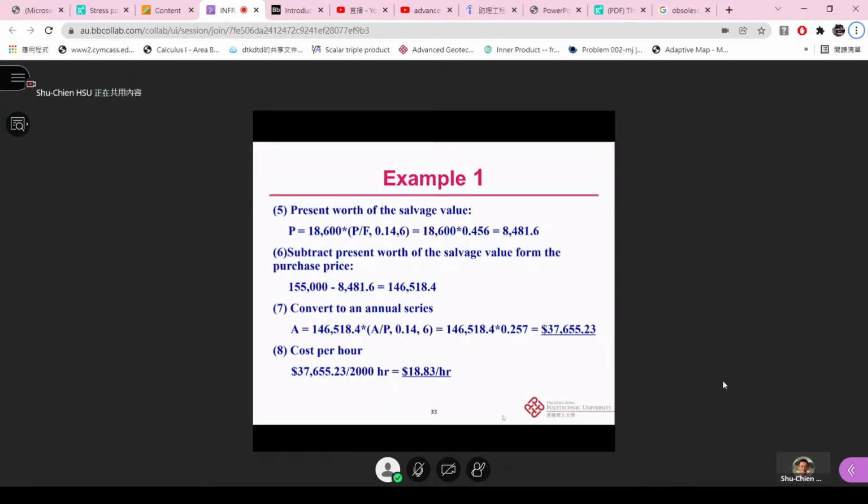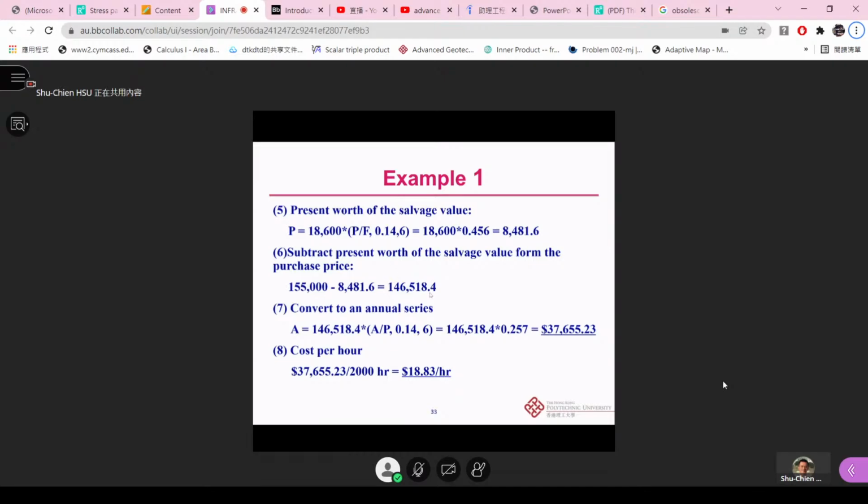So I probably can also ask you another question. So this is the kind of process. Can we use other kind of process to calculate that? Of course. For example, like here, we can convert this future, like salvage value, to P. And then we have the P because we have initial investment and minus its future value to the present value.